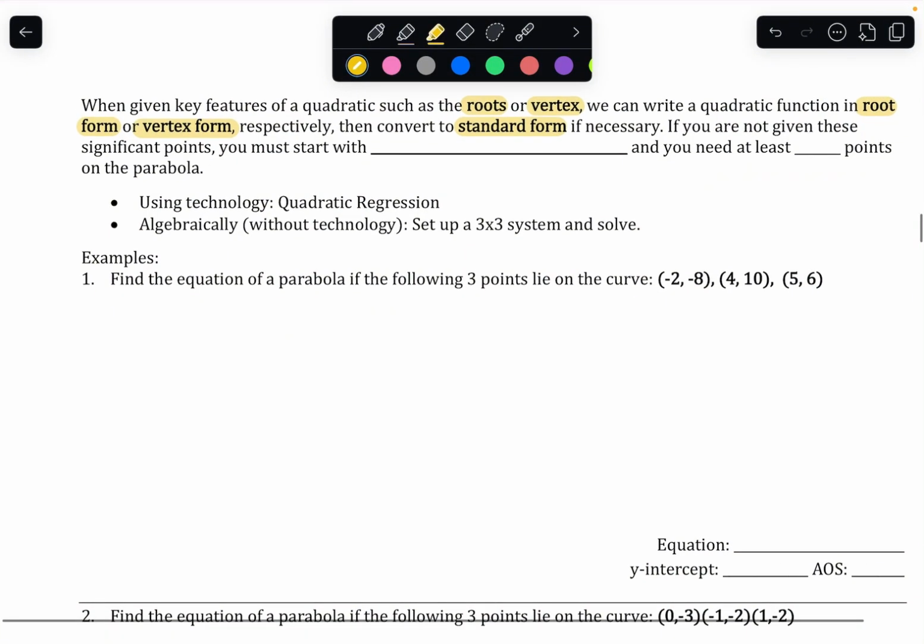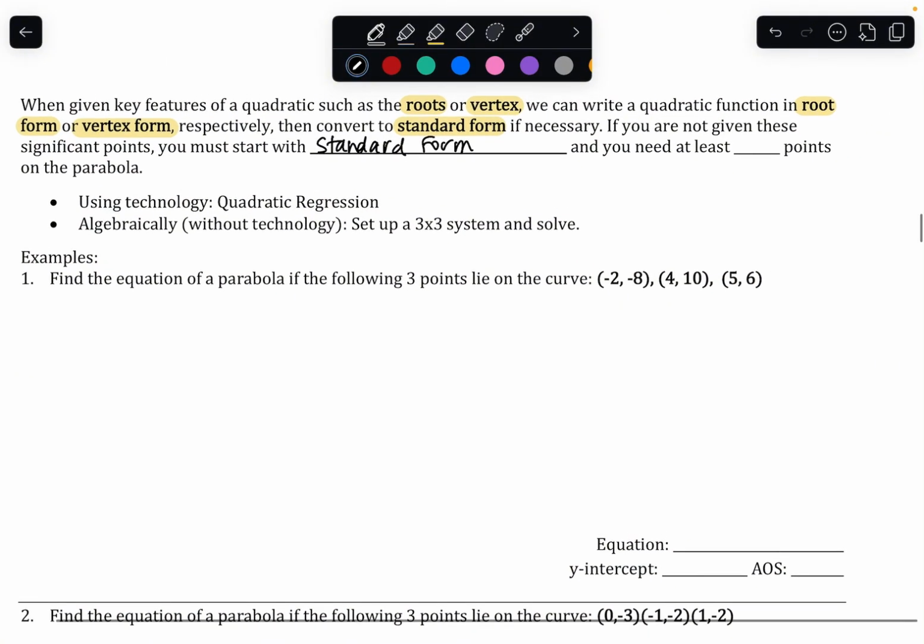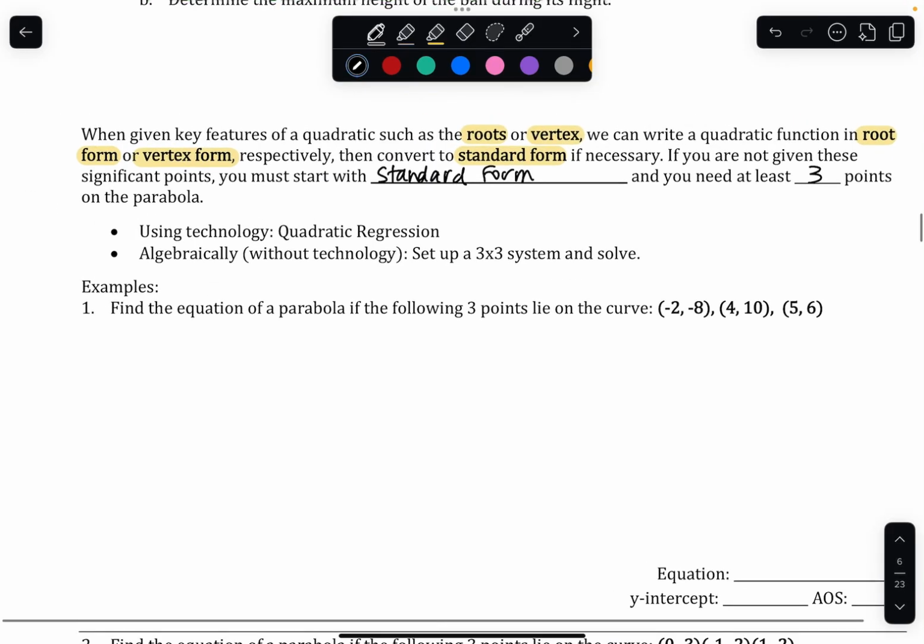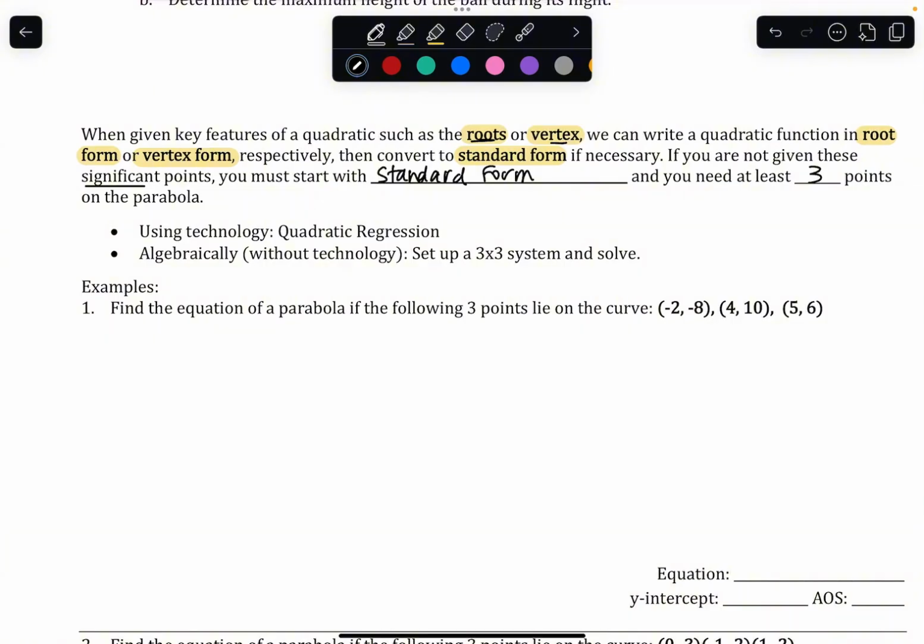If you are not given significant points like roots or vertex, you have to start with standard form. It's not the ideal situation because you need at least 3 points, and they're usually random points because they're not significant or reference points like the roots or the vertex.